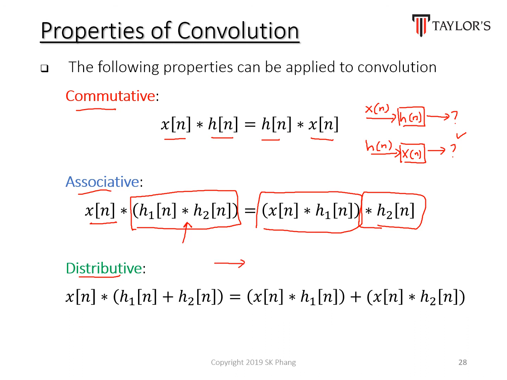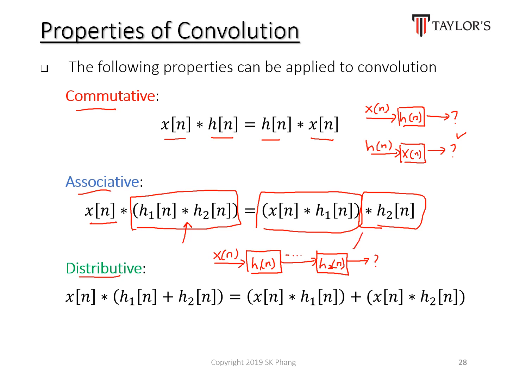When you have a signal x[n], and you convolute with h1[n], the result will be x[n] convolute h1[n]. And now if you pass this into h2[n], what is your result? Naturally, you just do convolution again.